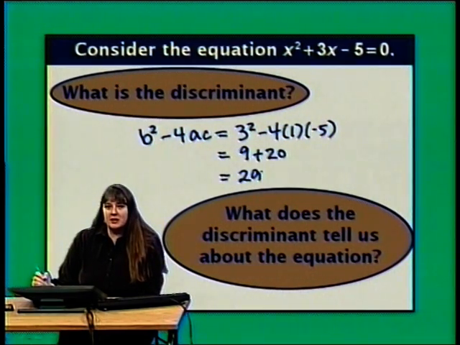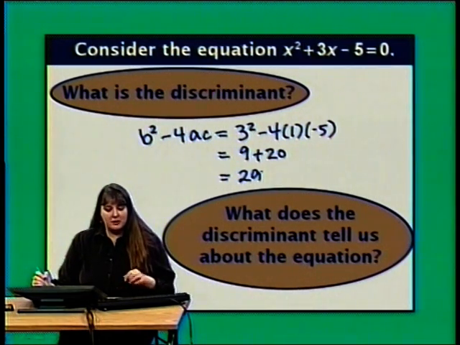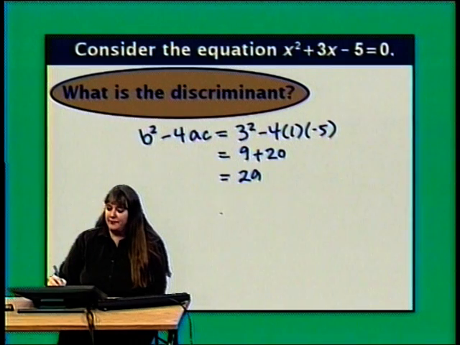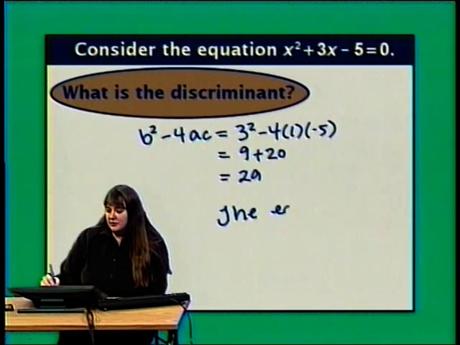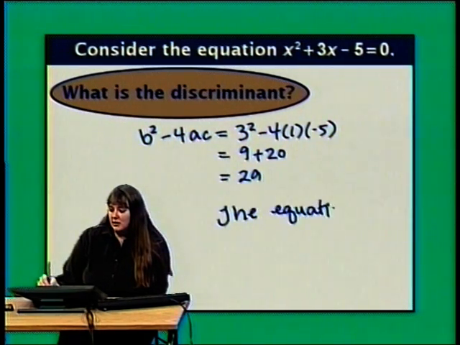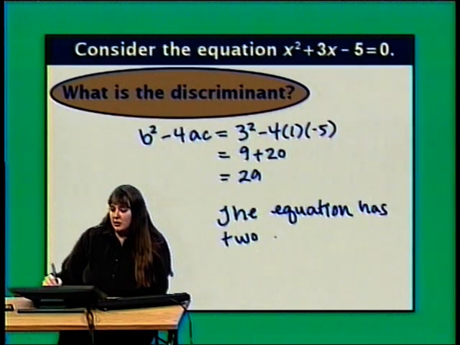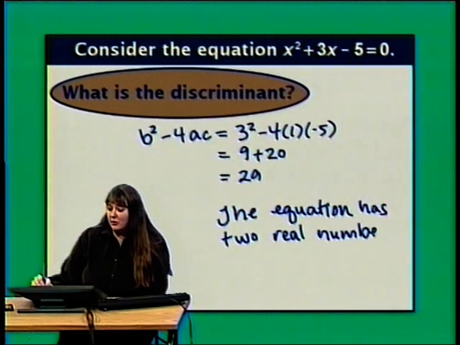Well, what does the discriminant tell us about the equation? Since the discriminant is positive, I know that there are 2 real number solutions. So the equation has 2 real number solutions. And in fact, I know that the solutions are irrational since 29 is not a perfect square.